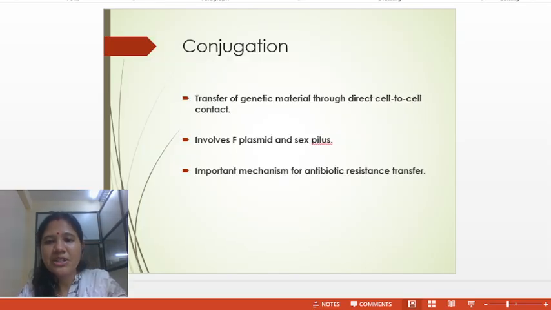Conjugation is another method, where genetic material is transferred through direct cell to cell contact, and it involves the F plasmid and sex pili, an important mechanism for antibiotic resistance transfer.